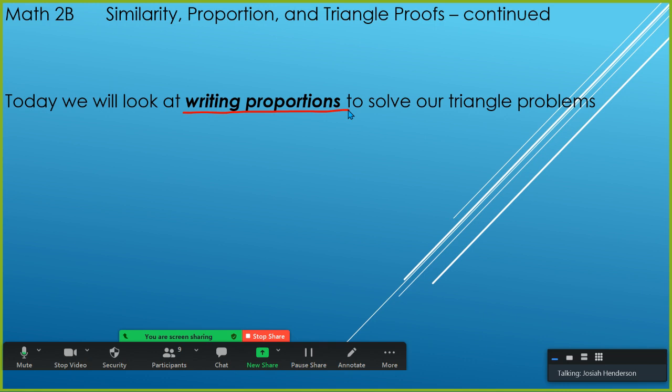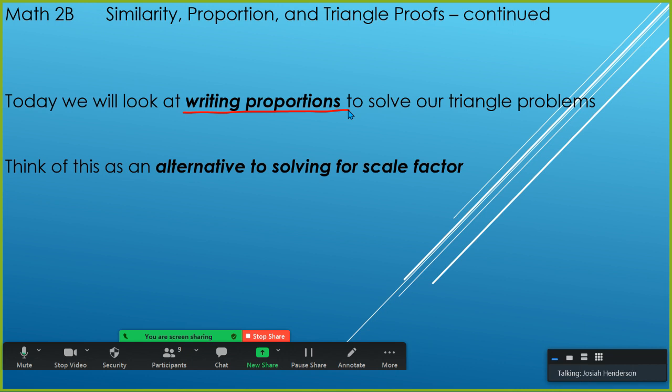I've been focusing on finding the scale factor in solving our triangle problems like that. So think of this approach that we're going to look at now as an alternative to solving for scale factor when we're trying to find missing parts of triangles, missing side lengths or sections of a side length.